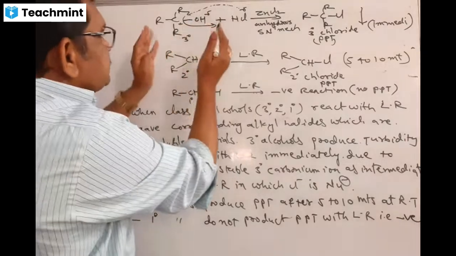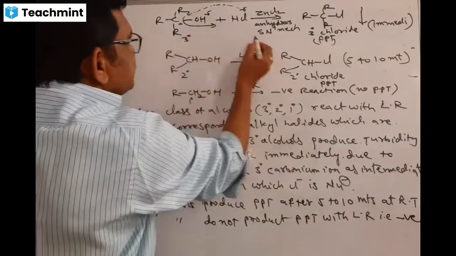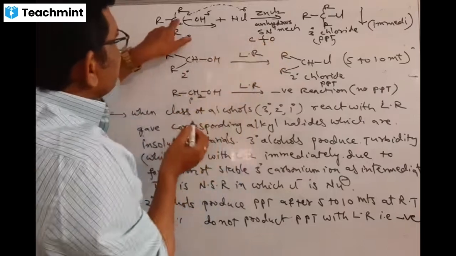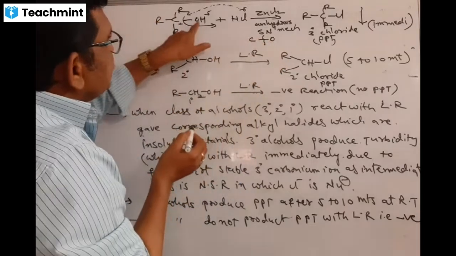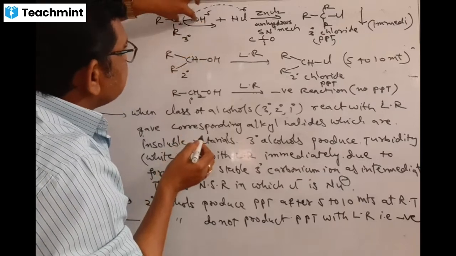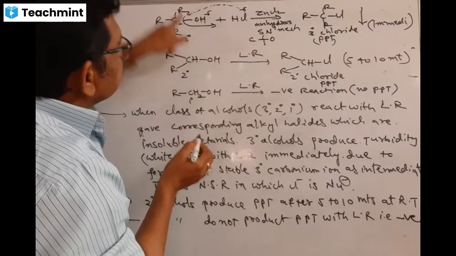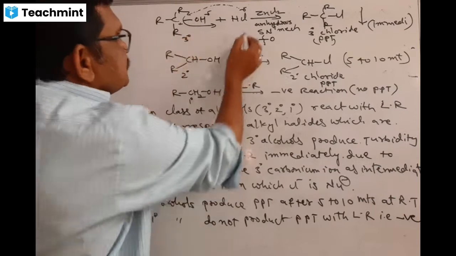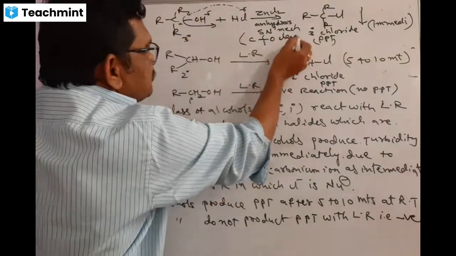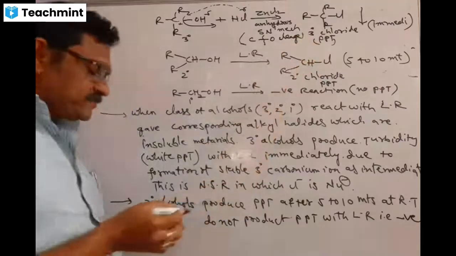So there is a breakage of the C-O bond, that means between the carbon of the alkyl group and the oxygen of the OH group. Cleavage takes place at this site. That's why this is C-O cleavage.